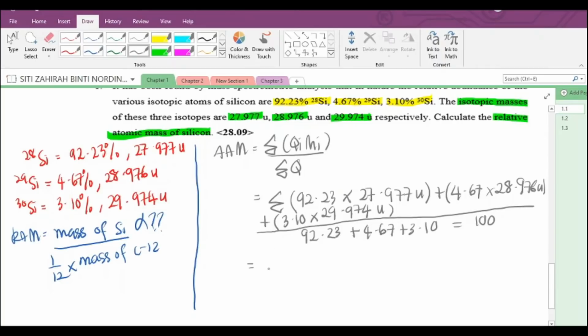So this would result in 28.09 U. Don't forget the unit of average atomic mass.